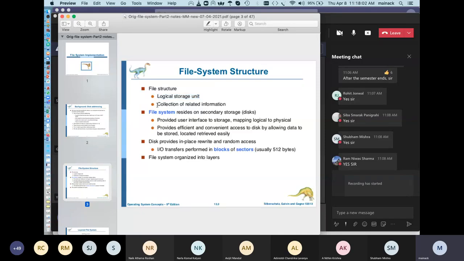But on the disk itself, there will be some additional information associated with the file, like the file ID, the file name, the file creation date, and so on. So this related information to the files will also be stored on the secondary storage itself. Both of these things are stored in the file system.